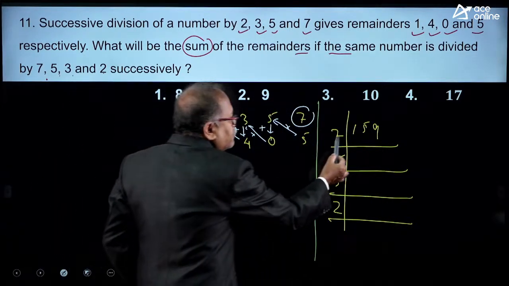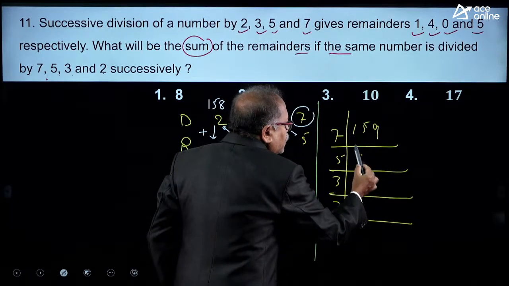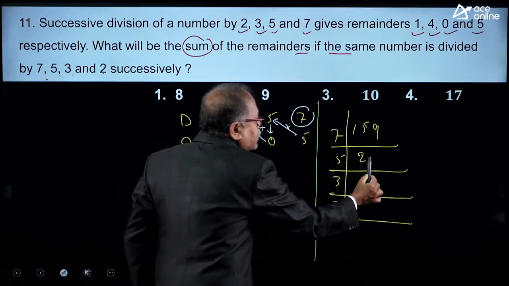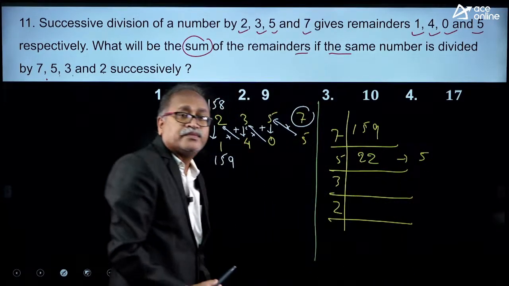Here 7 into 2 is 14, 7 into 2 is 14, 155 gets cancelled. What is the remainder? The remainder is 5.